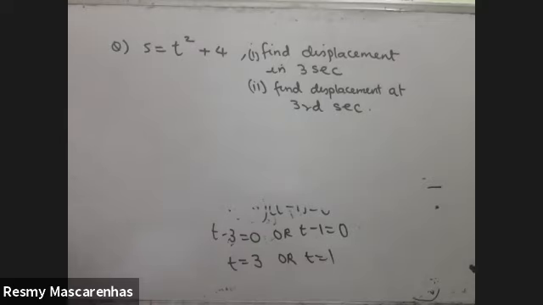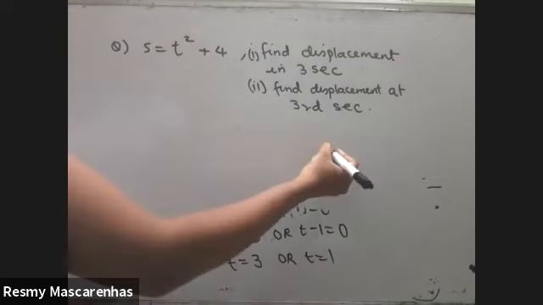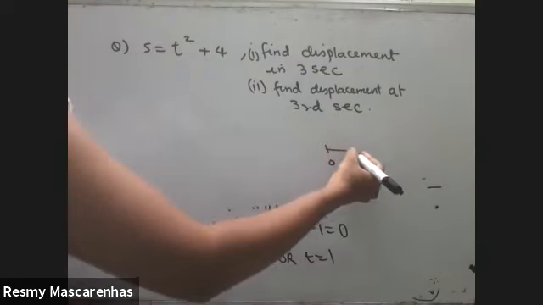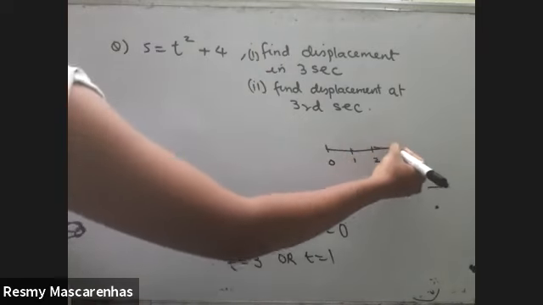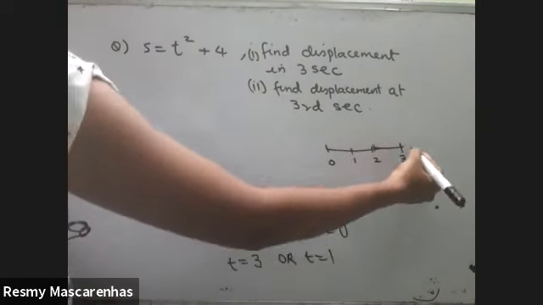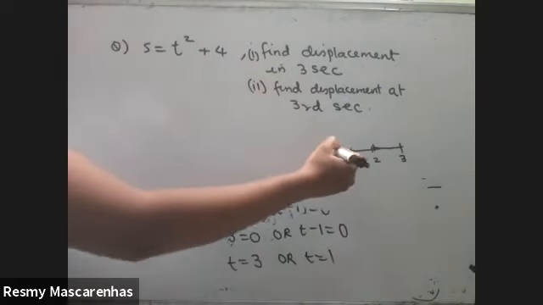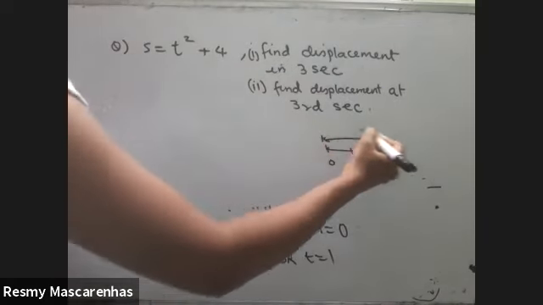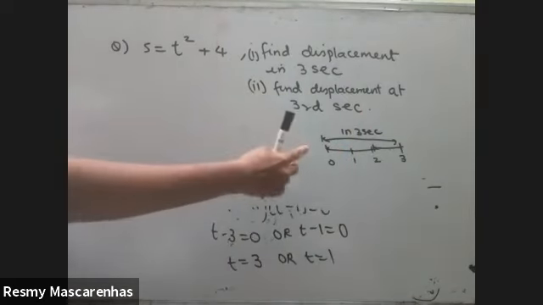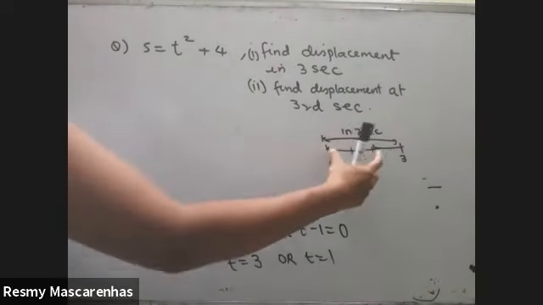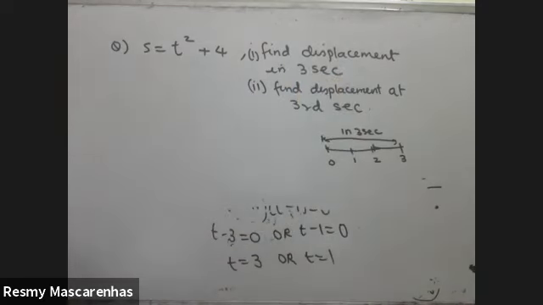Now, in 3 seconds means, suppose you are starting from 0, then this will be 1. After 1 second, you must have traveled this much. Then 2, then after the 3rd second, you will reach somewhere. So from 0 to 3 is called in 3 seconds. In 3 seconds, from 0 to 3 seconds, how much distance have you covered? So that much you have to find.